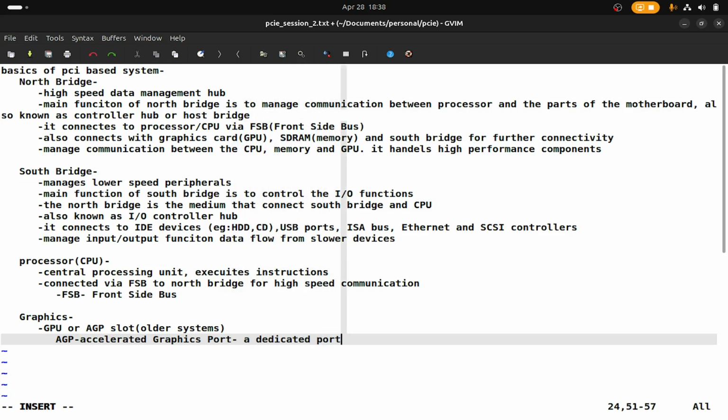A dedicated port for the graphics card developed by Intel in the late 90s.